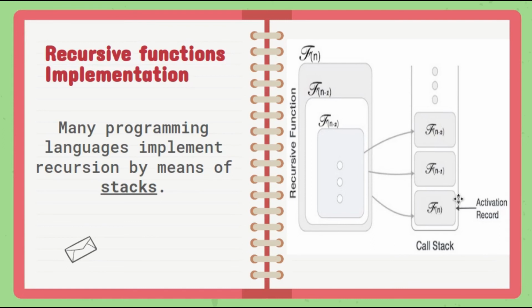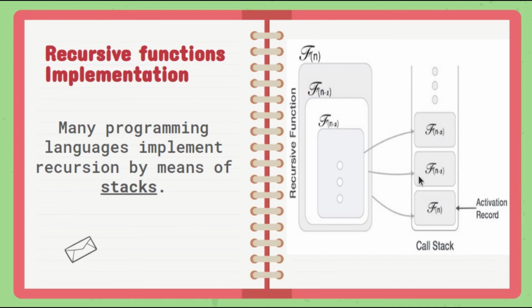Since we have n of 2, it's going to go up here. This one is actually f of n minus 1, and then execute f of 2. Since 2 is greater than 1, you have 2 plus f of 1. It goes again. Now f of 1 is equal to 1. So it's going to return 1 and then return the control back to this function.